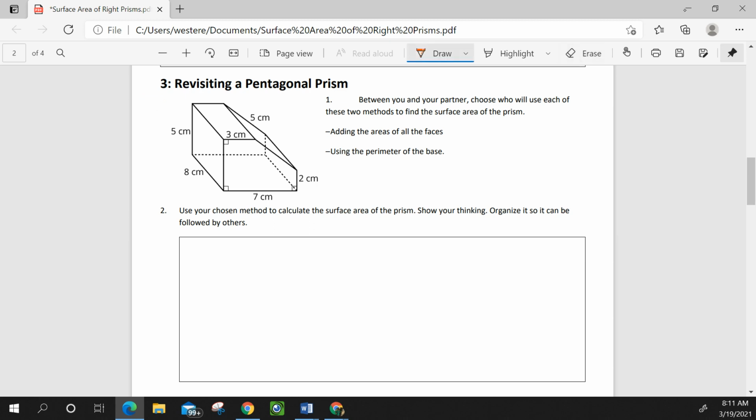Now we're going to actually look at both methods really quick and see which one you prefer, which is a little easier. Okay, so the first thing we need to do is we need to calculate the surface area. I would say for both methods, drawing a net is really important.